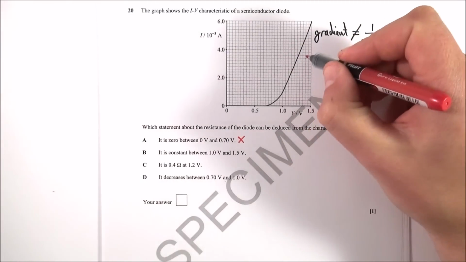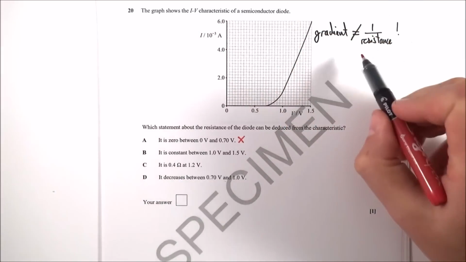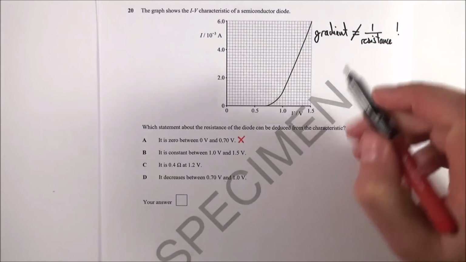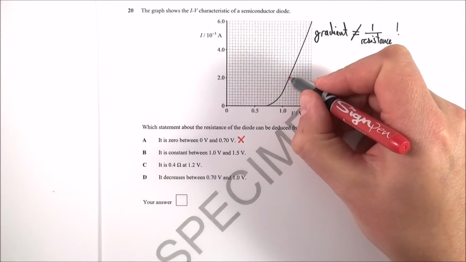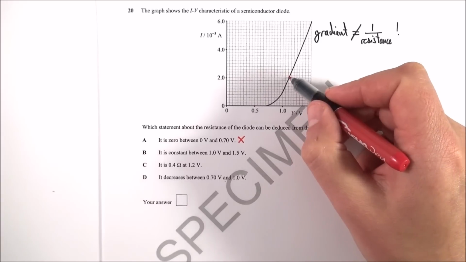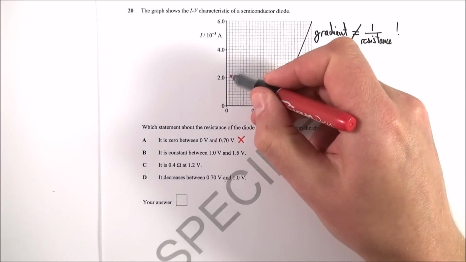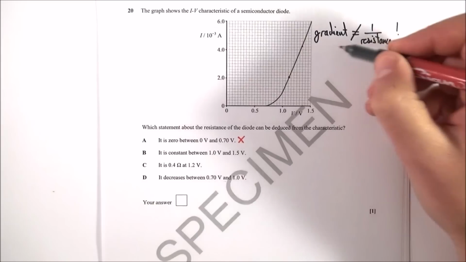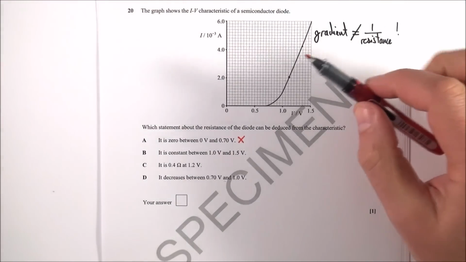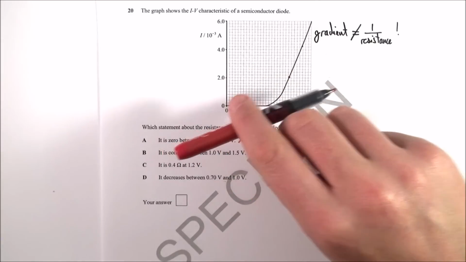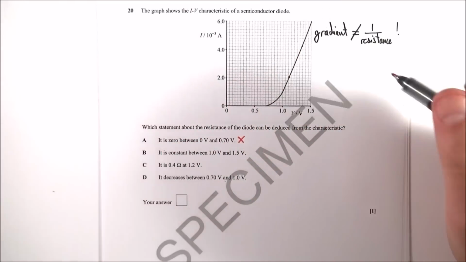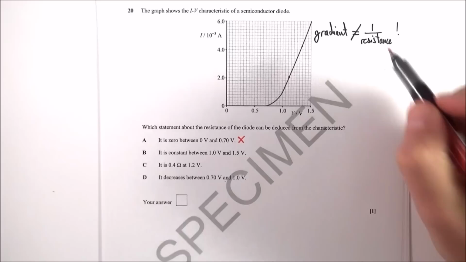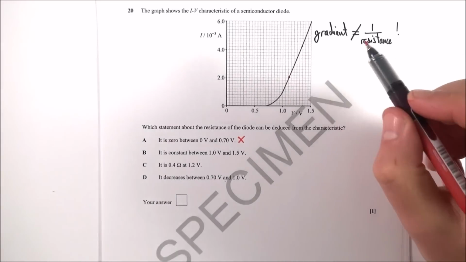Now, the gradient of an IV graph is not equal to 1 over the resistance. If you wanted to know the resistance at this point here, the resistance is equal to the ratio of V over I, and that's going to be a different ratio to the value up here where it's again V over I. It does tend to be that when you have a steeper gradient, you have less resistance, but the gradient does not equal 1 over the resistance, only for a resistor.